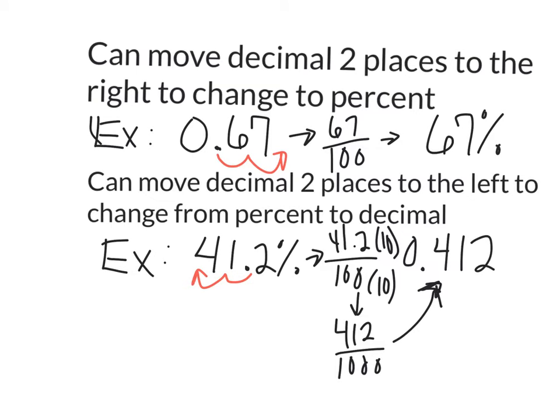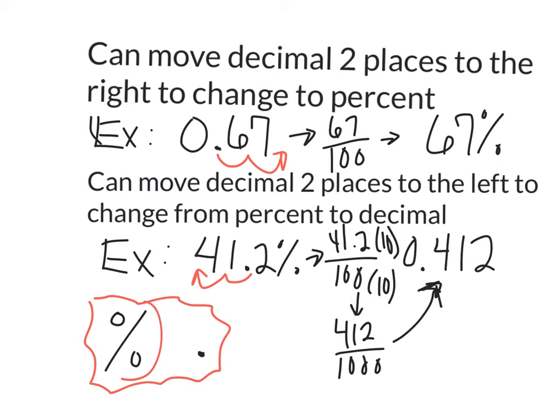The question might be, how do I remember about moving the decimal to the right or to the left? Well, here's one way to help you remember that. We have a percent and we have a decimal. So looking at those two, which symbol is bigger, the percent or the decimal? The percent, okay? So the percent sign is definitely bigger than our decimal point there.